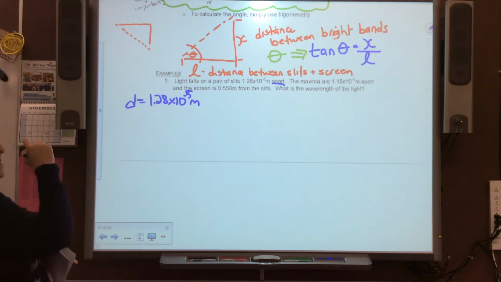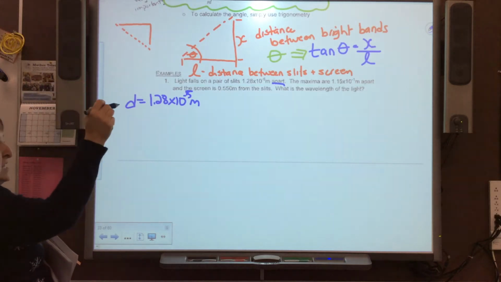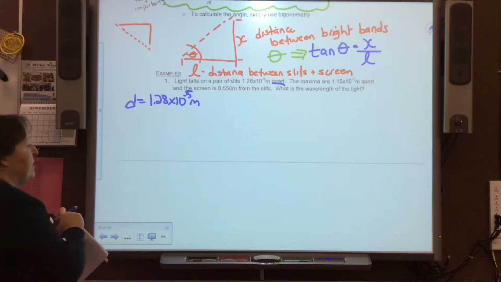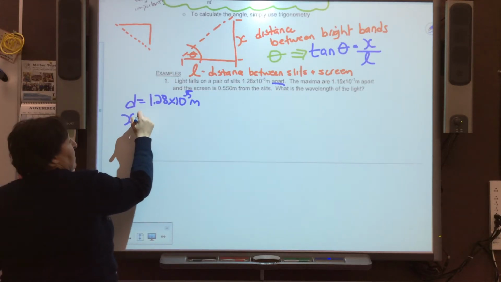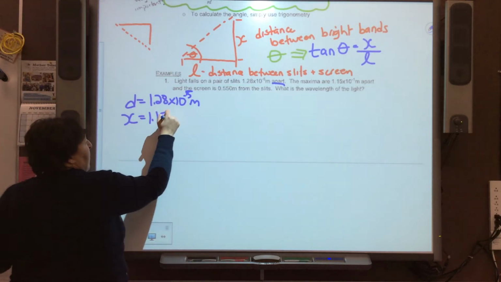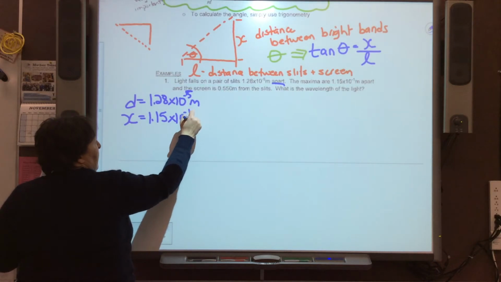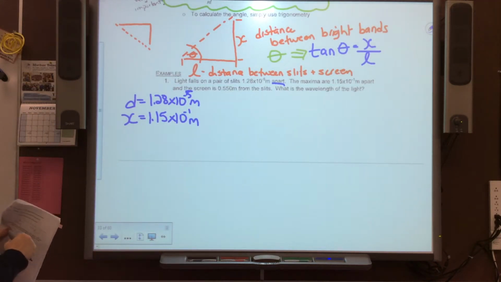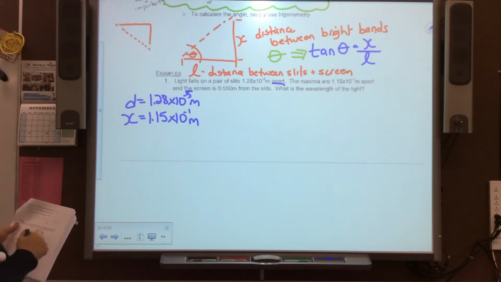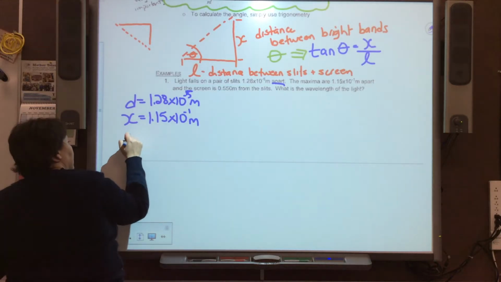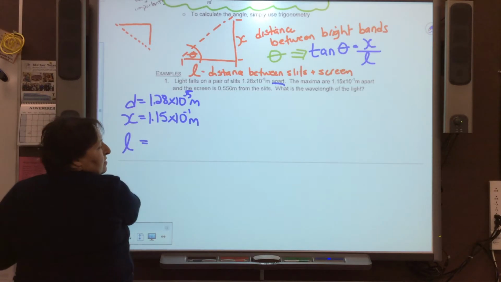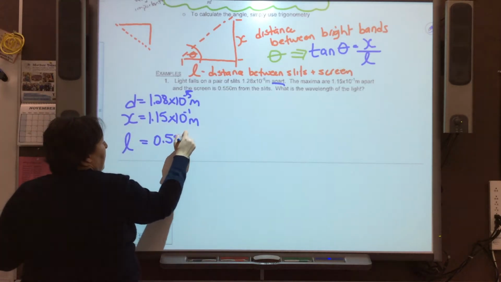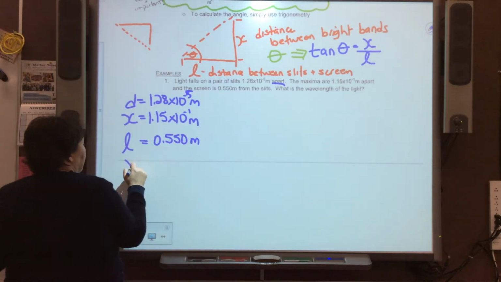So this is the central bright line to the next bright line, or from one bright line to its next closest neighbor. And the screen is 0.550 meters away. So that's the length of the distance. And it's looking for lambda.